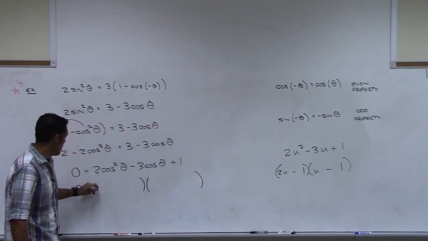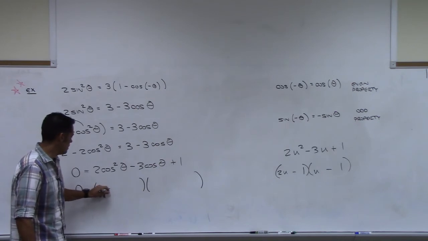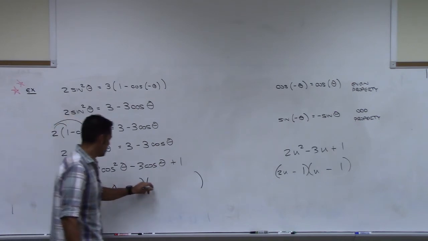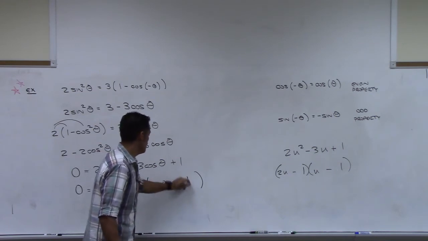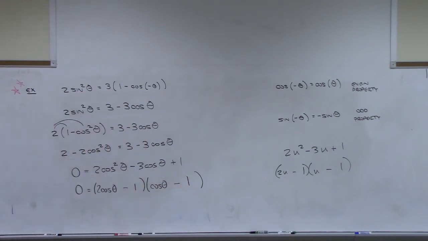So here you should get 2 cosine theta minus 1, cosine theta minus 1. Y'all follow? Now what?